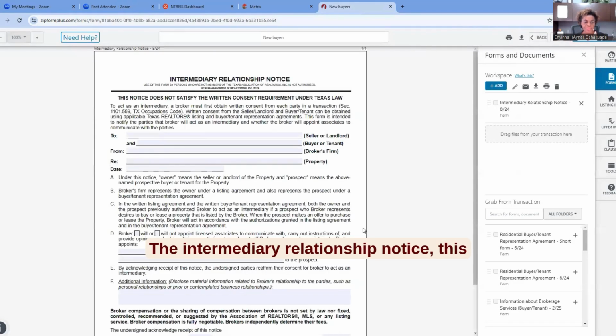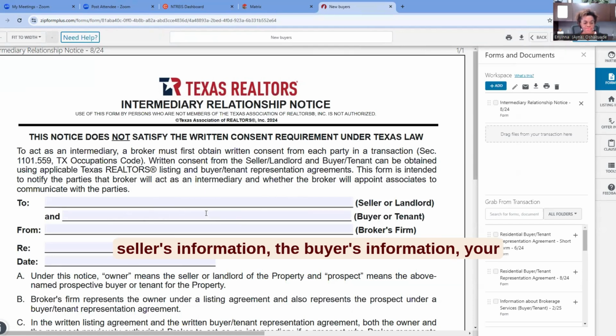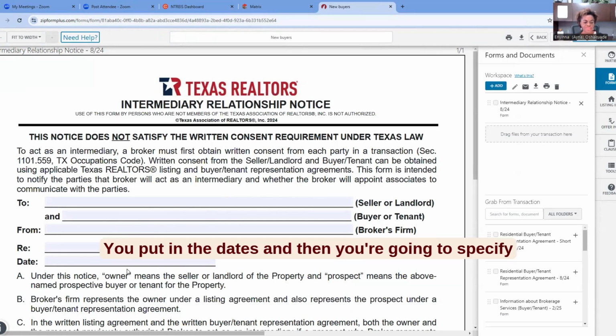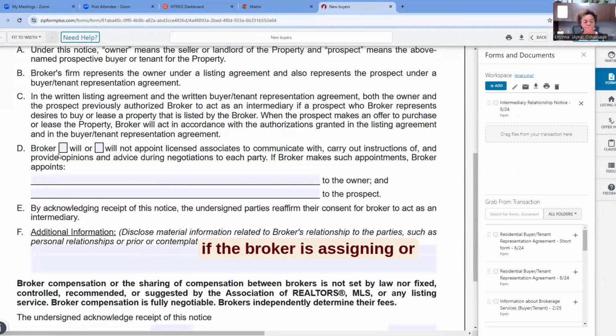The intermediary relationship notice is used if your buyer is purchasing a property that's listed by your broker as well. So you're going to put in the seller's information, the buyer's information, your brokerage information, and the property address. You put in the date, and then you're going to specify if the broker is assigning or appointing a specific realtor to communicate with the different parties.